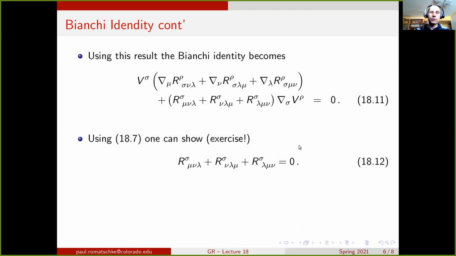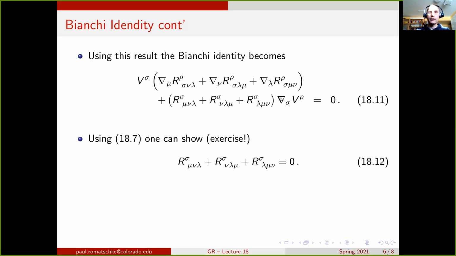Next, it is possible to again use the explicit form of the R tensor to show that if we have R with cyclic indices appearing in this particular fashion, the combination that involves only pluses is just identically vanishing.